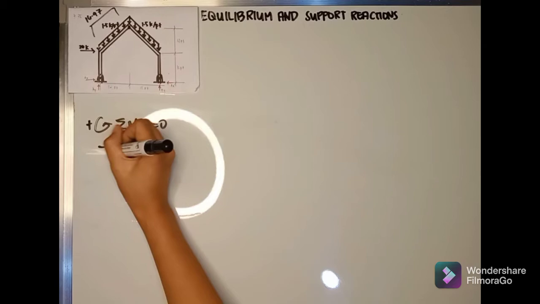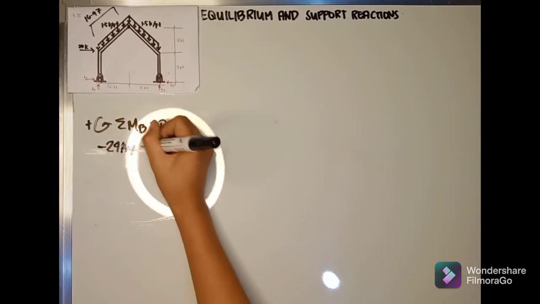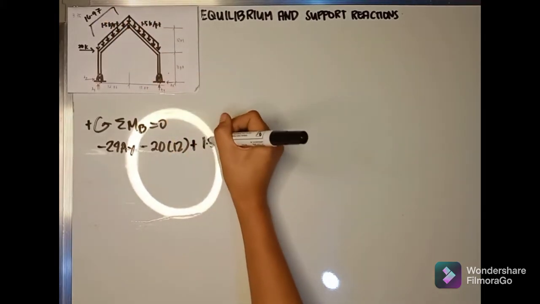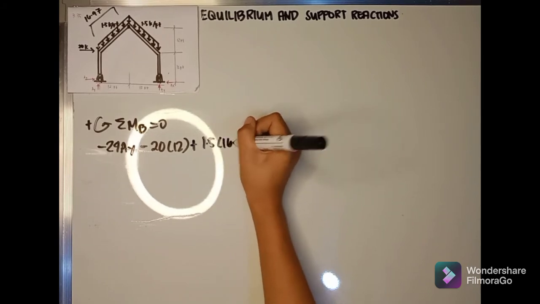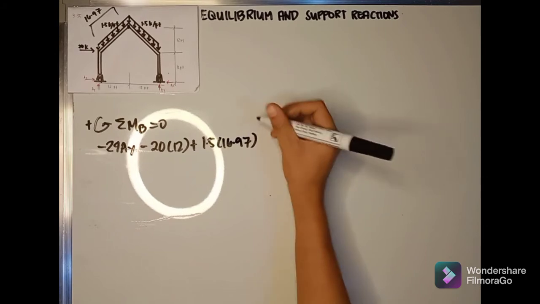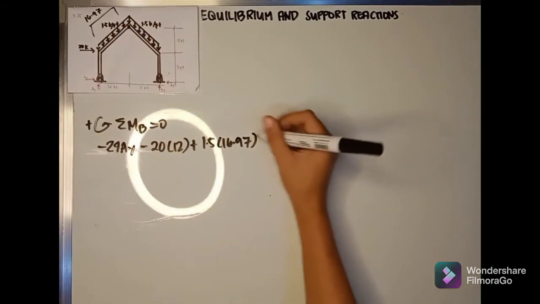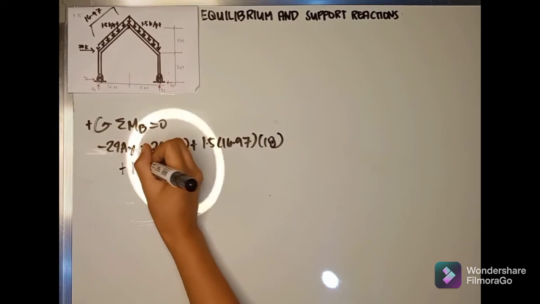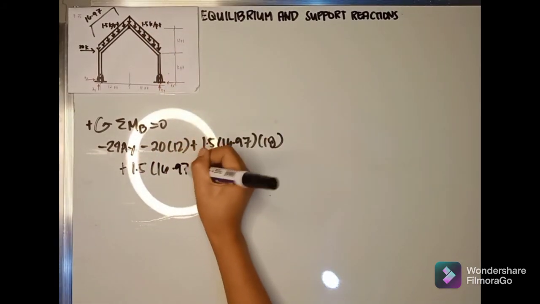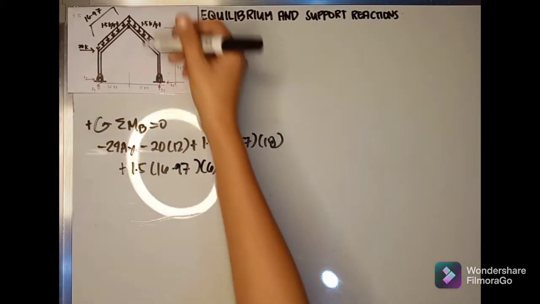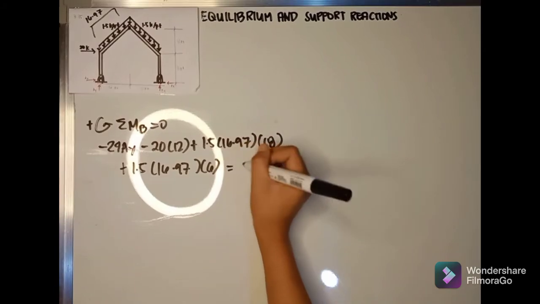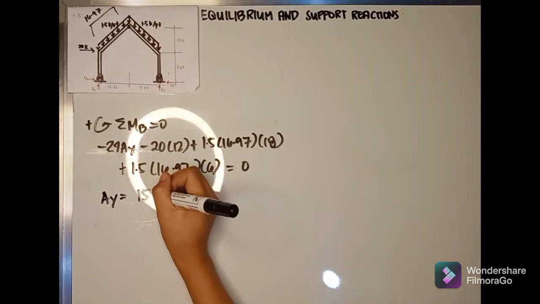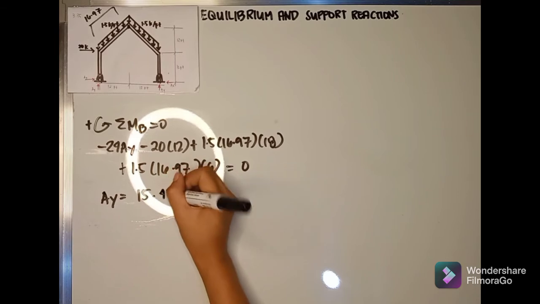Negative 24 AY minus 20 times 12 na moment arm plus 1.5 times its length na 16.97 times its moment arm from the middle 18 plus another 1.5 times 16.97 times 6 moment arm from this one, is equals to 0. Solving for AY is equals to 15.46.